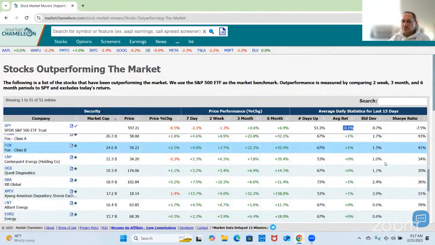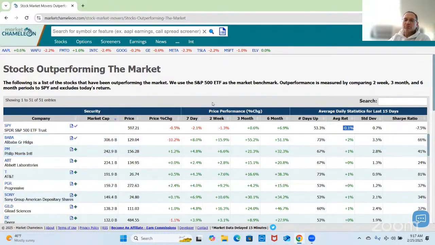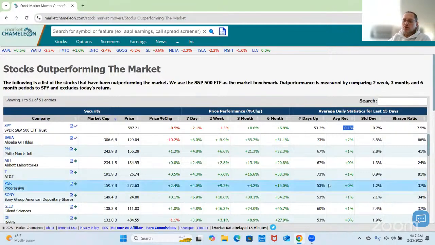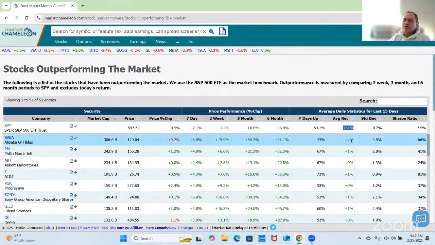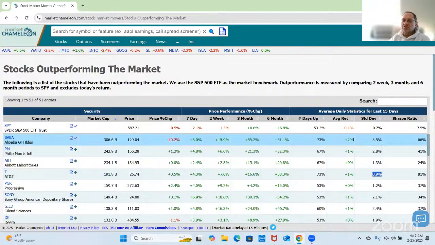And so you could see this is a list of stocks that outperformed based on these measures: 7-day, 2-week, 3 months, 6 months, and on a daily basis, the last 15 days. More up moves than SPY, better average returns. And what about the standard deviations? You could see that the standard deviation of SPY, it's an index, so it's not as volatile as an individual security. But if we take the average return versus that unit of risk, then we can compare them.